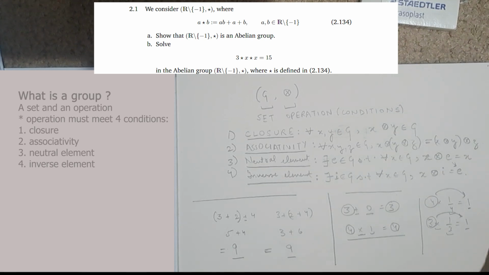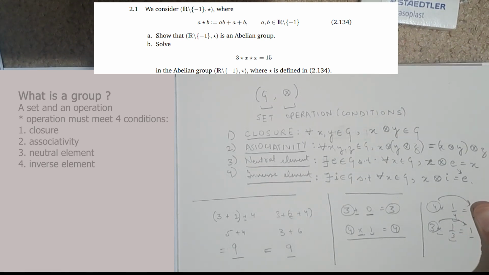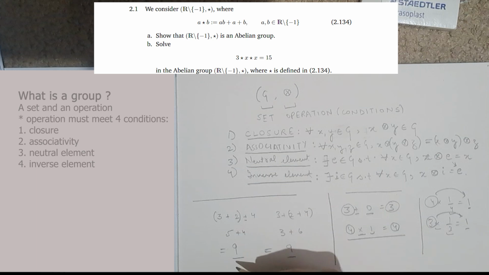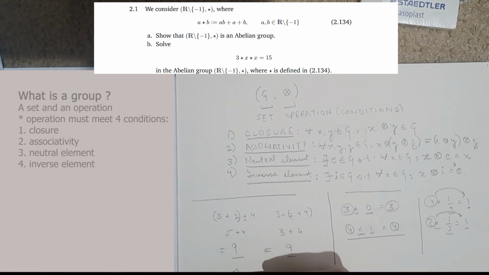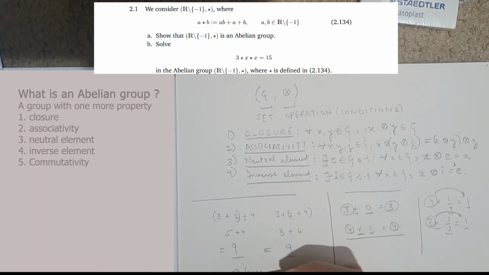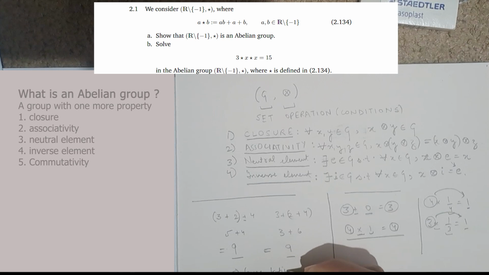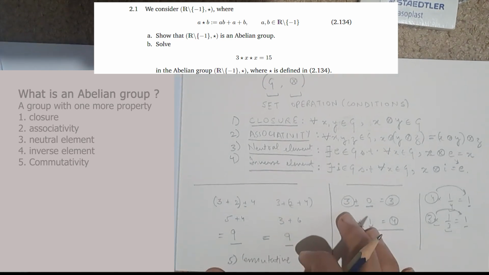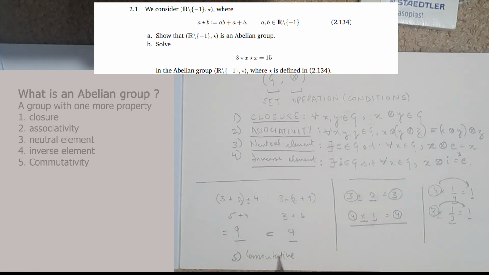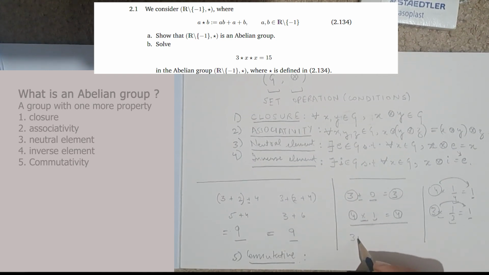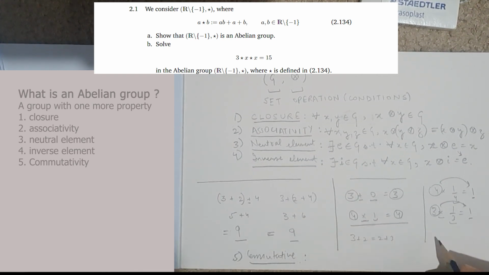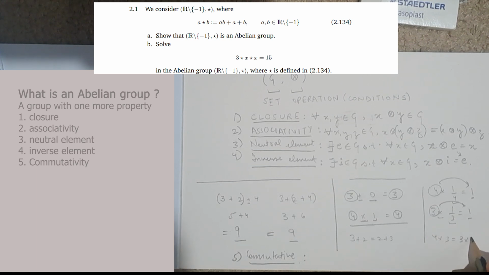That's all. So now let's do that. But before I just go on to that, let's look at what's an abelian group. An abelian group is still a group, but with just one more condition, that it must be commutative as well. Commutativity is simple. This means the order doesn't matter. So 3 plus 2 is the same as 2 plus 3. 4 times 3 is the same as 3 times 4.